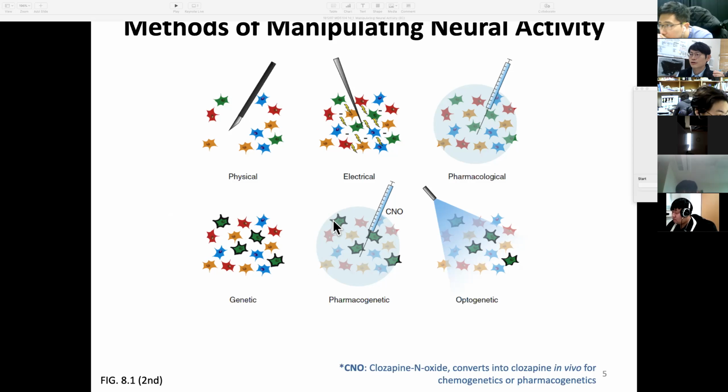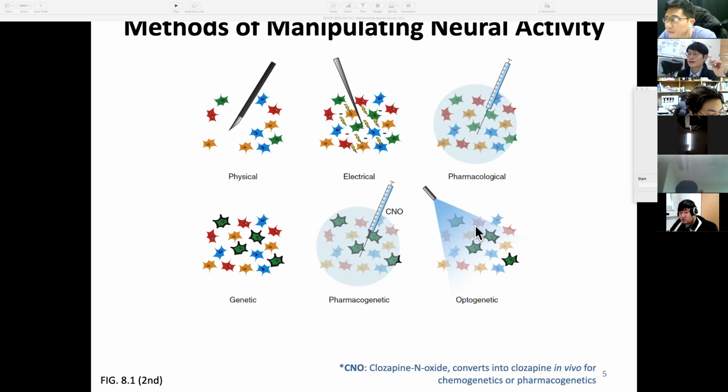You can label specific cell types which can respond, and in this case, you can selectively delete or kill the cell type, in this case a green cell. In this pharmacogenetic case, you give a drug which will only affect these genetically labeled ones.